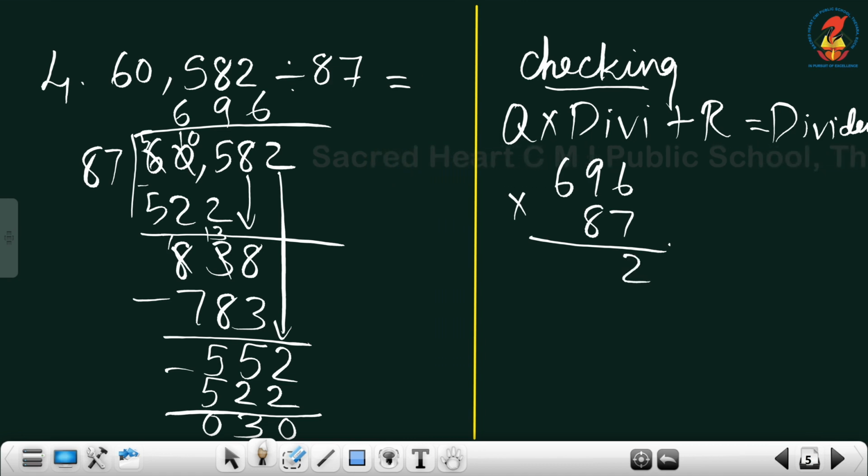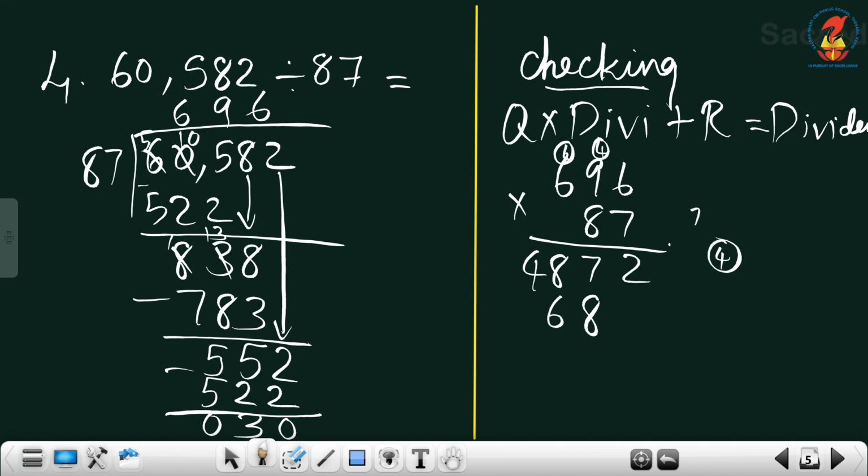Okay, 6 7s are 42, 4 here. Then 9 7s are 63 plus 4 is 67. 6 7s are 42, 42 plus 6, 48. Then 8 6s are 48, 4. 8 9s are 72, 72 plus 4, 76. Then 6 8s are 48, 48 plus 7 is 55.